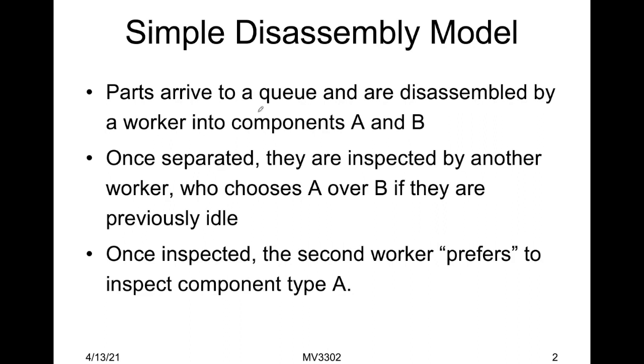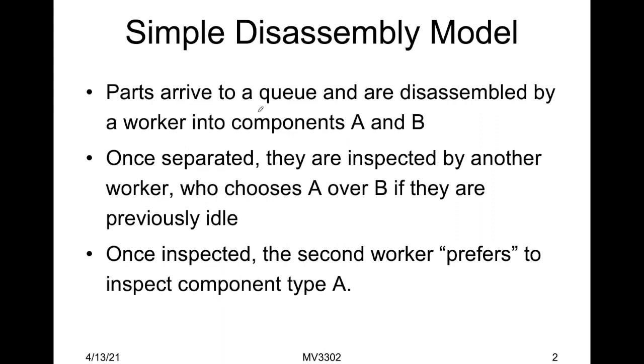We're going to say that these parts have two components, part A and part B. So a part has one A and one B. And what we're going to do is separate or disassemble them. And then once they're separated, we're just going to have them inspected, or the inspection could be some kind of processing, but we're going to call it inspection.